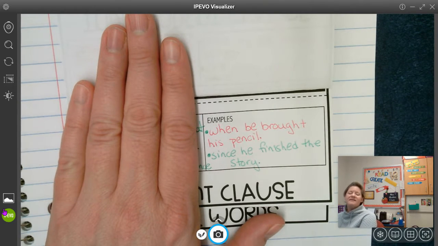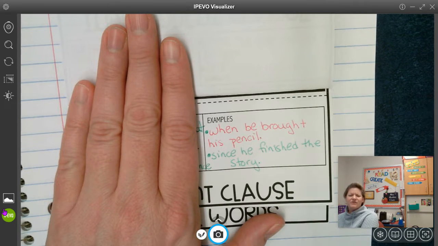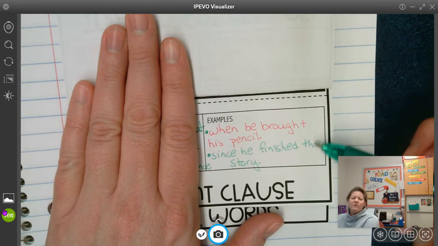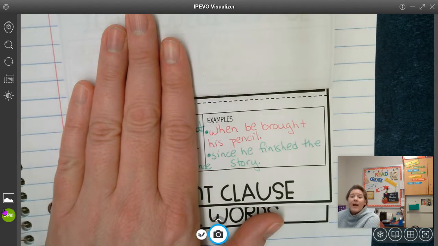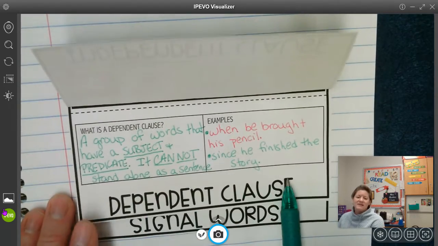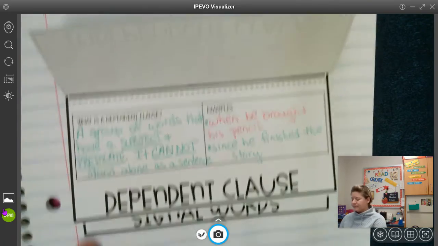It doesn't tell us enough information to have the sentence make sense. I'm missing something. It leaves me questioning. If you have to question yourself, like, well, when he brought the pencil, what happened? Like, what's the rest? If it makes you question it, that means it's a dependent clause because it doesn't have enough information. You need more.